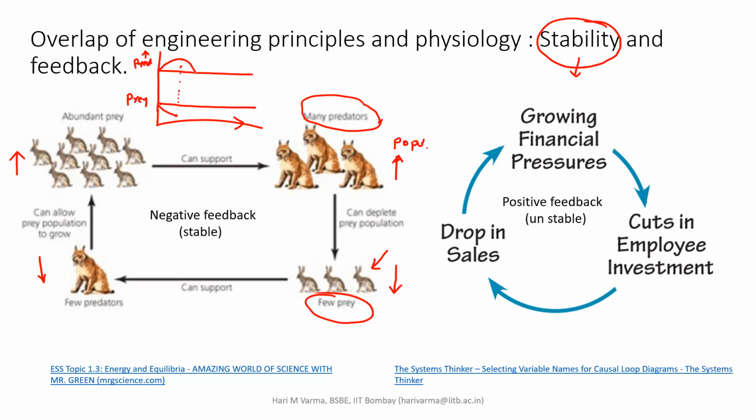But then when this decreases, this will increase. So you can see that it settles to a stable state. At a given point of time, there will be small fluctuations. It will keep on fluctuating, but more or less it settles to a stable state, right?